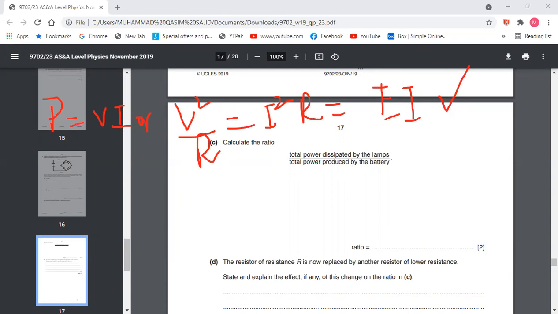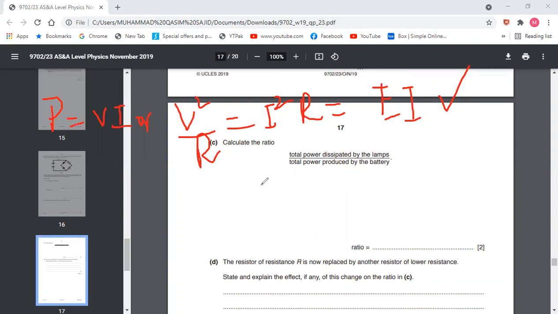For example, I am choosing EI. Yes, EI. So the value I find, if I am taking I square upon R. So what must be the value? That value depends on two things. What are the different values given?